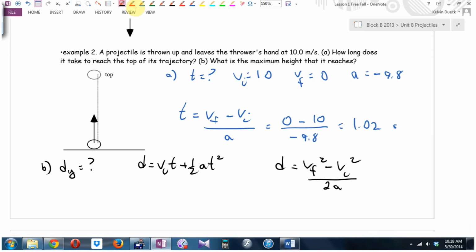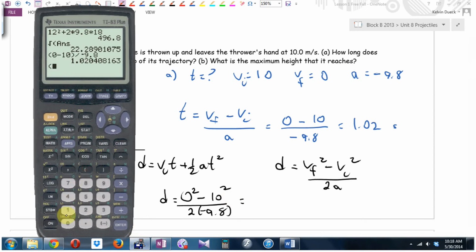So it's going to be D equals VF, 0 squared minus 10 squared all over 2 times negative 9.8. 0 squared minus 10 squared. Really, I could have gone straight to negative 100.